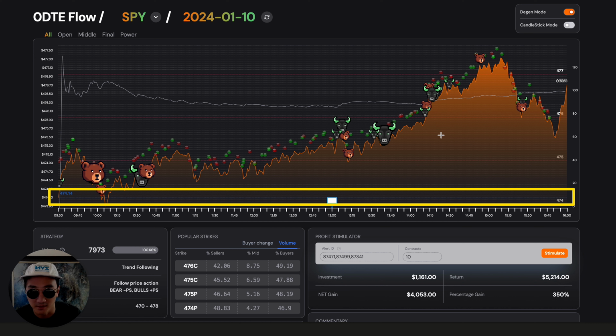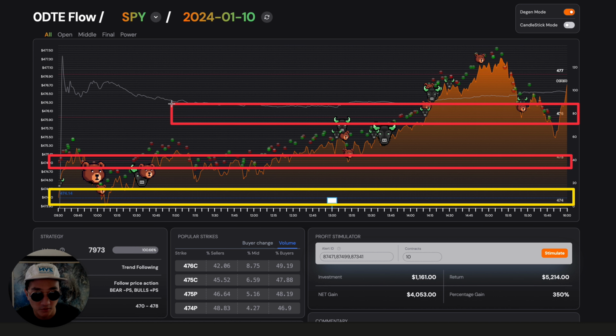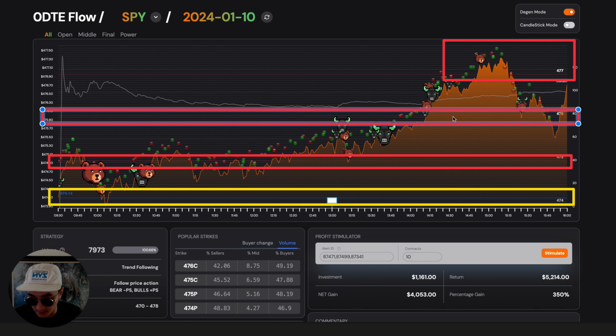Obviously, every session can be unique, but this rule will save you, okay? So look what happens here. We're talking about the strikes going up, so we're looking at the red lines. We open basically at 474. We go up 1. We go up 2. And look what happens when we go up 3. 3 is right here. Let me get rid of these other ones.